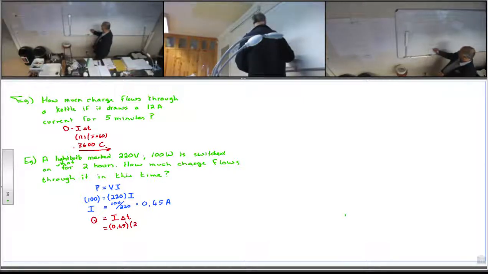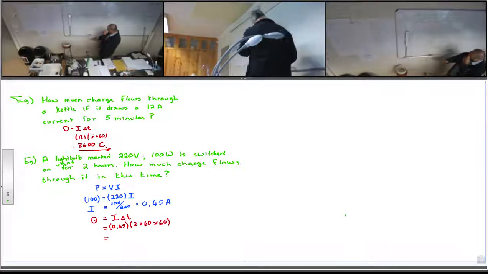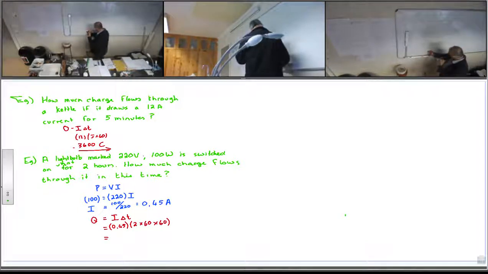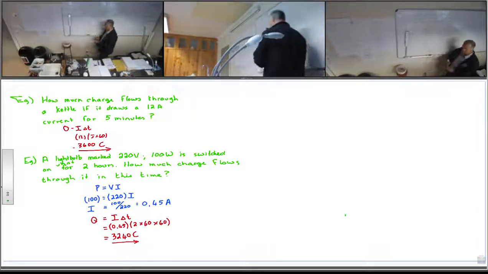So 2 hours times 60, to bring it to minutes, you agree? Times 60 again. What does that work out to be? 3,240 coulombs. Good.